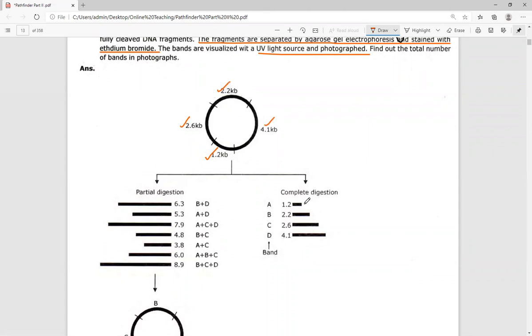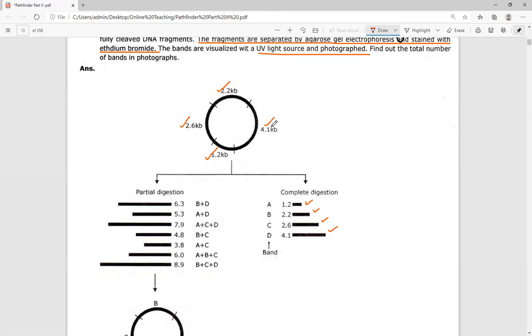Four different bands are going to be produced. ये वो चार बैंड है जो कि प्रोड्यूस होते हैं. Which are these bands? 1.2 kilobase pair, 2.2 kilobase pair, 2.6 kilobase pair, and 4.1 kilobase pair.